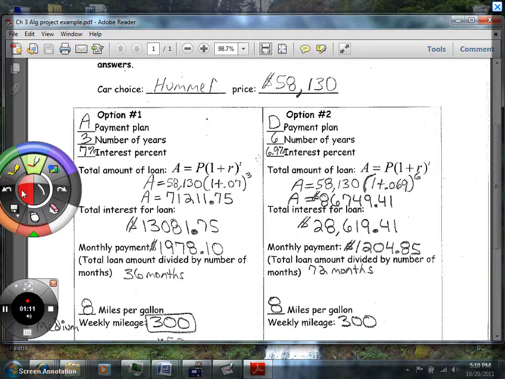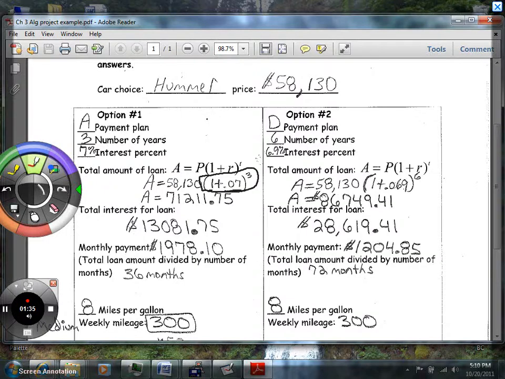So I plug that in for P, and then you can see R is the interest rate, and you'd always write that as a decimal, so 0.07, and then the years are raised there as a 3 as an exponent. Now you do have to be careful with your calculator. You've got to do all of this stuff first.